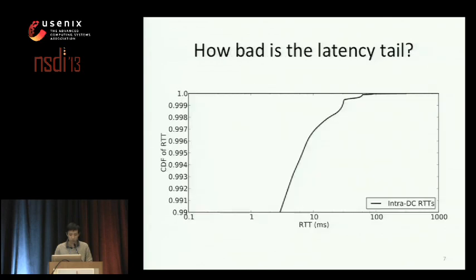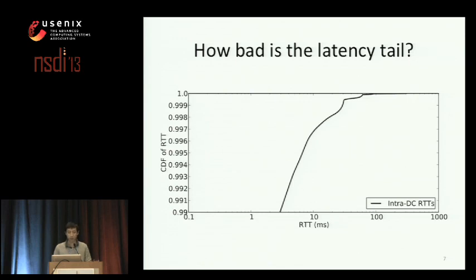Now let me show you the result. In this figure, we show the tail part of the latency distribution that aggregates the result for 60 servers. So the y-axis starts from the 99th percentile, and the x-axis is in log scale.